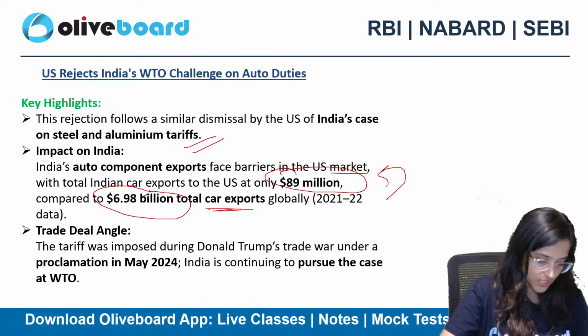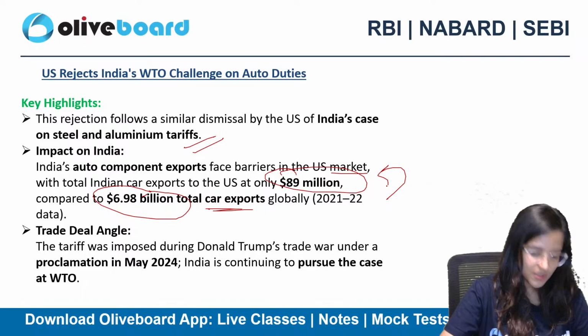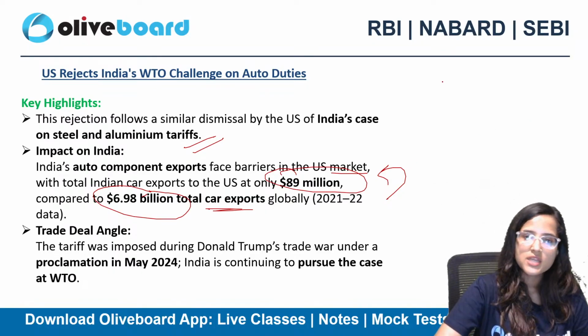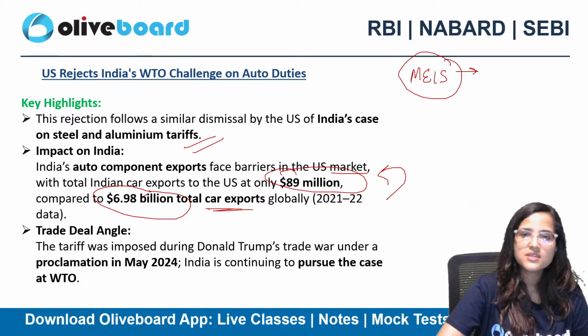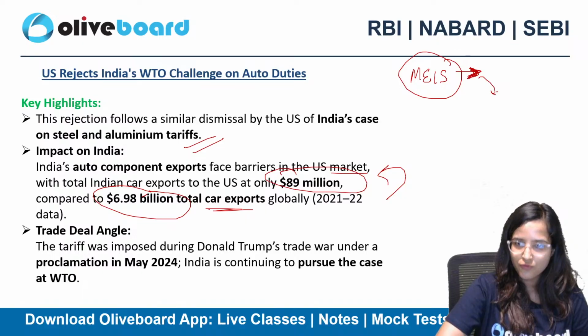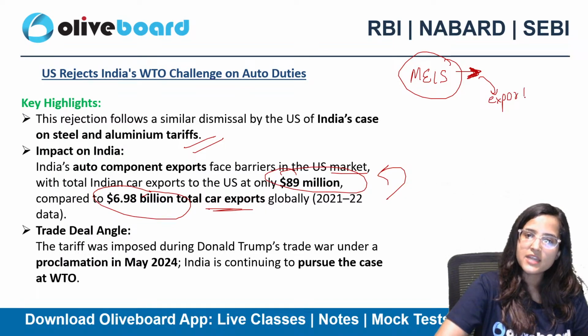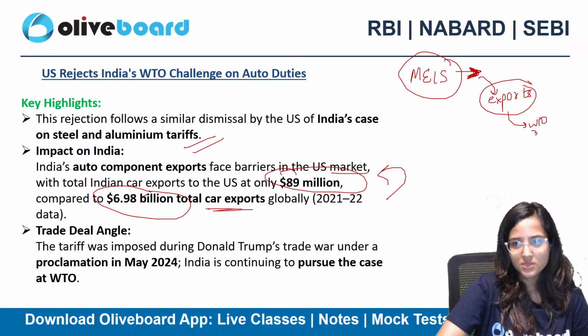On USA's challenge at WTO, India very politely introduced RoDTEP, replacing the MEIS. USA being USA, exactly. So there was this Merchandise Exports from India Scheme. Okay, this was challenged by USA, saying that this scheme which India has for incentivizing exports is against the WTO rules.